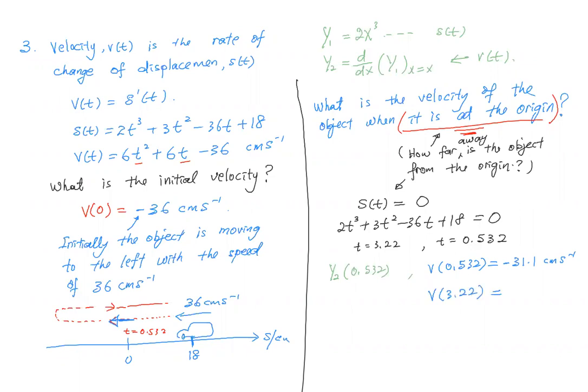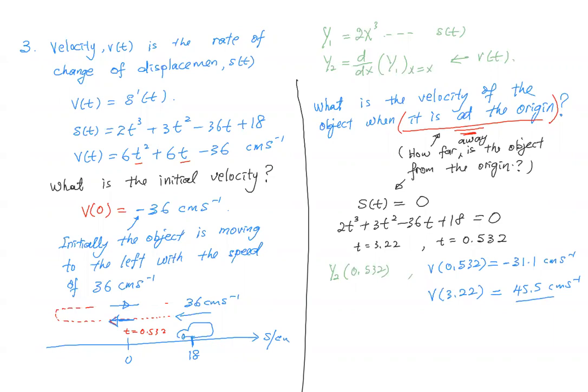The velocity after 3.22 seconds? 45.53. Thank you. 45.53 cm per second. Okay, so you see it's moving to the right. When it comes to this part, it's moving to the right because the velocity is positive. Got it?